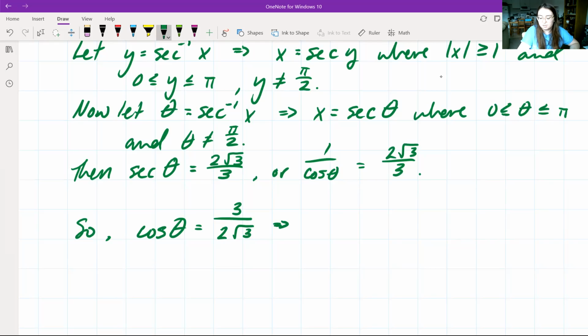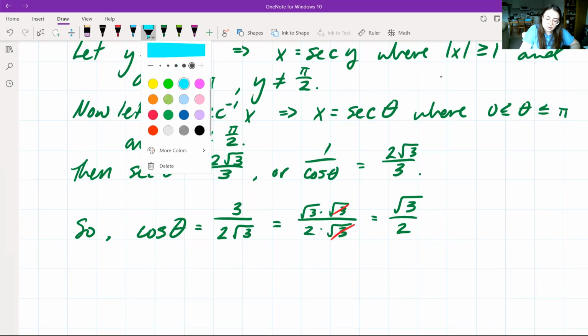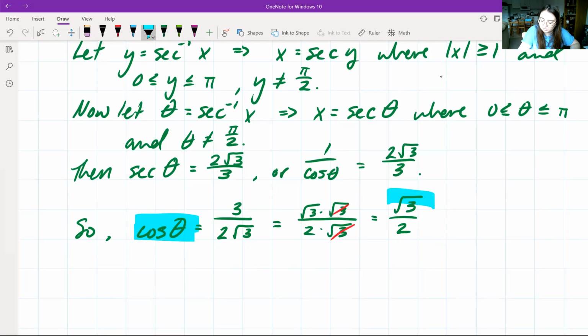So cosine of theta is equal to 3 divided by 2 times the square root of 3, but we know that the 3 is the same thing as the square root of 3 times the square root of 3. This means that we can cancel our square roots of 3, and this simplifies down to just the square root of 3 over 2. So we'll highlight this in blue. Now we're saying that cosine of theta is equal to the square root of 3 over 2.